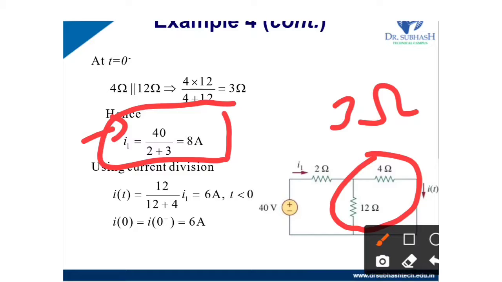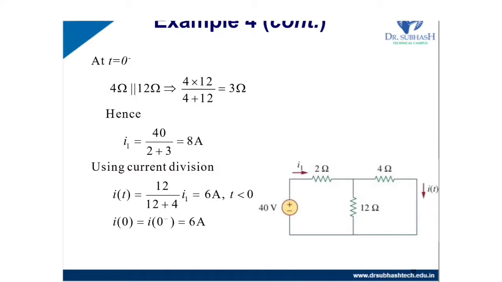By using current division, we have to find I of t. Here I1 is 8 ampere. In the current divider rule, total current is multiplied by the other resistor divided by the total resistance.